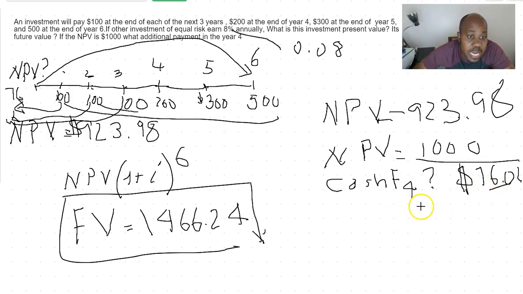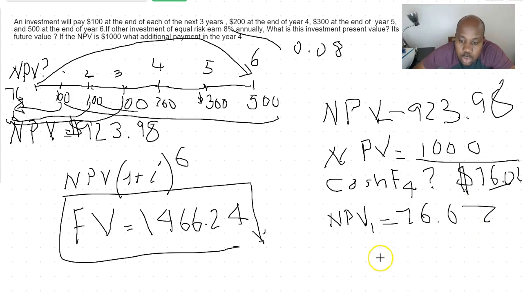So the idea is to compute the present value, whatever it is. I know an additional net present value, let me call it NPV1, which is 76.02. I want to know which cash flow in year 4. I can do it step by step if I want.